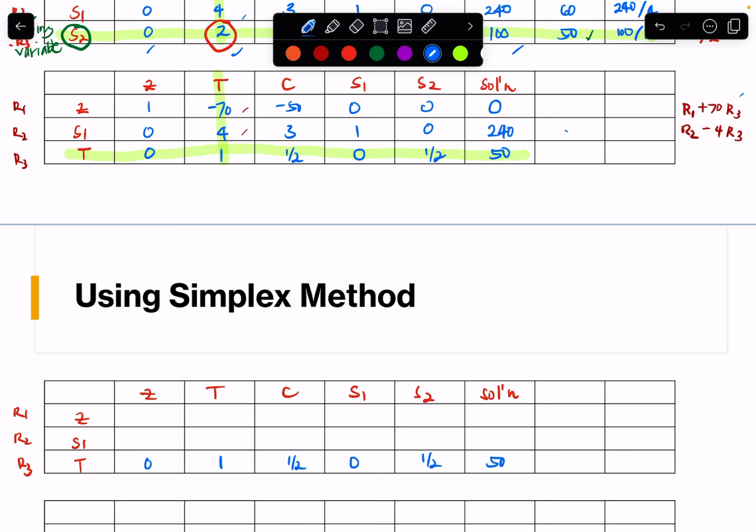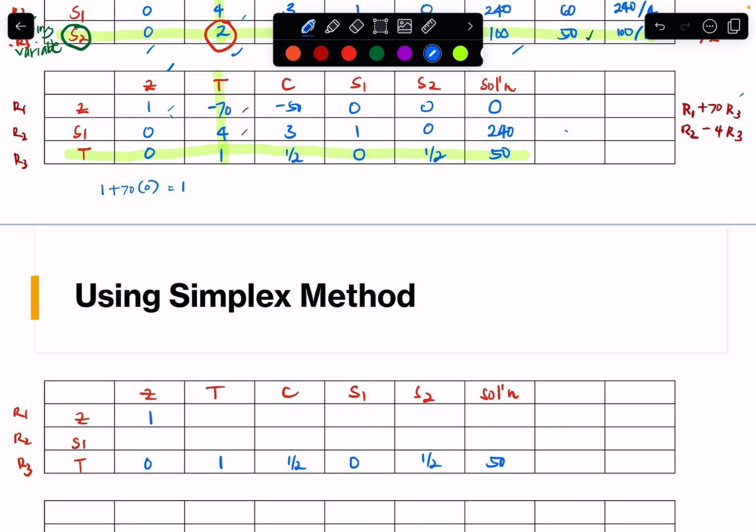In this case my R1 is 1. So it's R1 plus 70 times R3, where the coefficient of R3 is 0. So that makes it equal to 1.